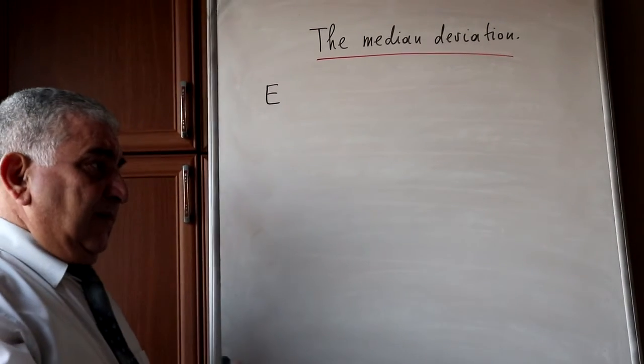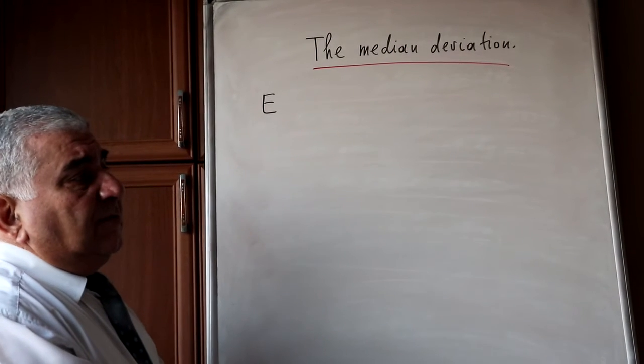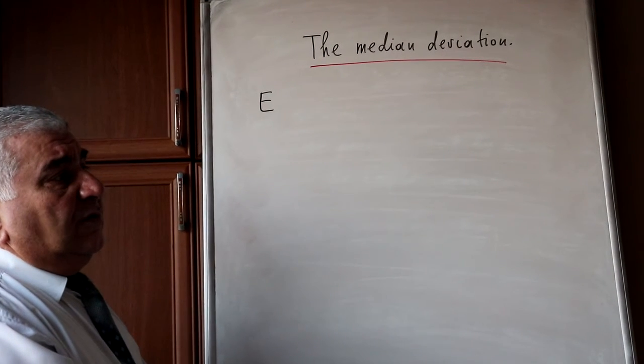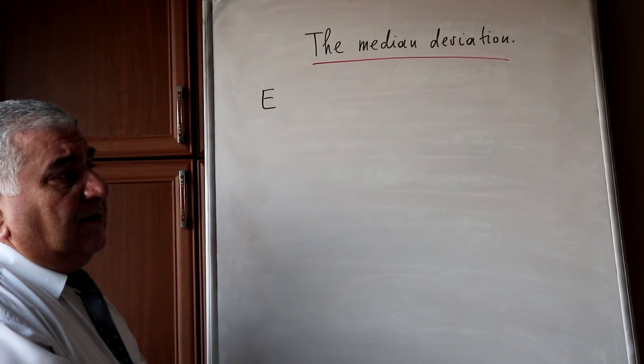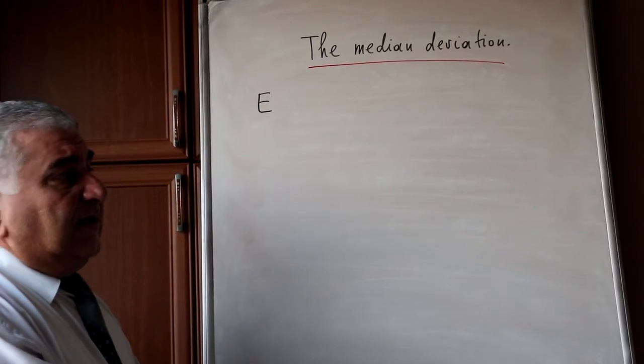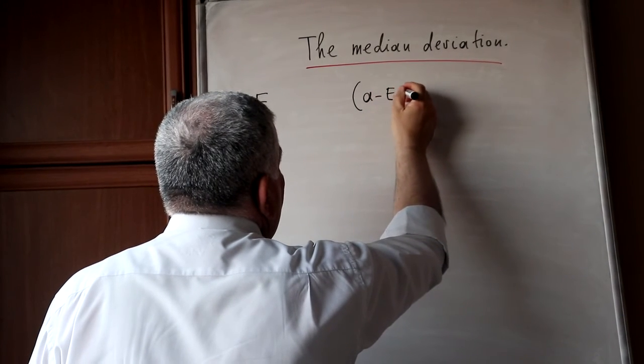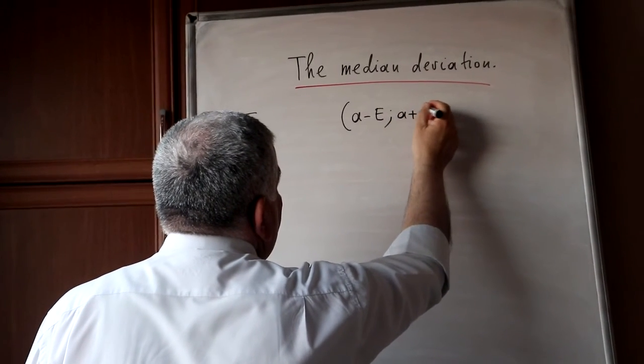For this, the probability that the continuous random variable with the normal distributive density will fall into the interval a minus E capital and a plus E capital is 1 second.